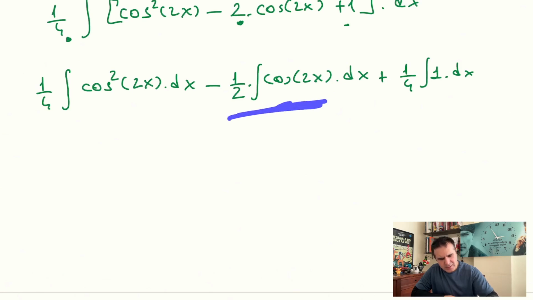This part is easy, and this one is also easy, but we have the power 2 here, so we should reduce this power again.